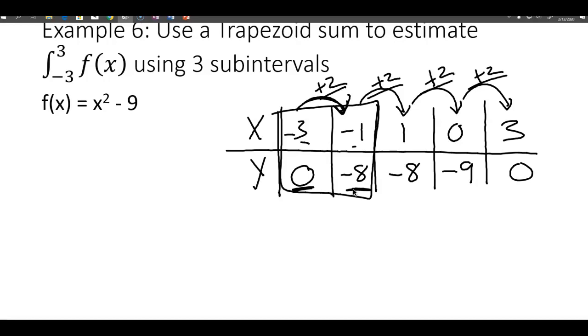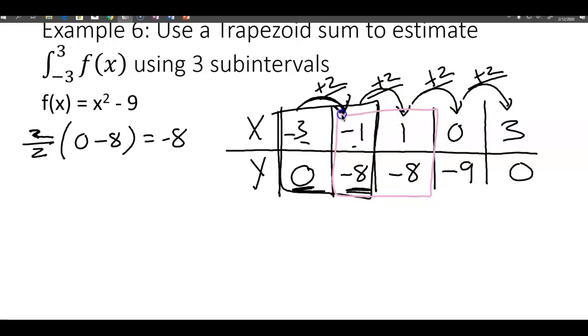So for my first trapezoid, we have the height, which is 2 over 2, multiplied by the sum of the bases, which are 0 and -8. And we end up with -8. So the first trapezoid has an area of -8. Let's take a look at the next one.